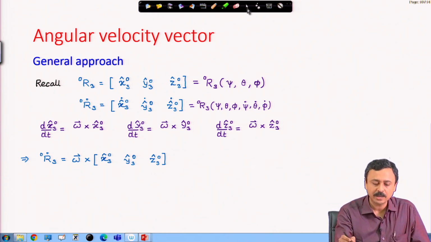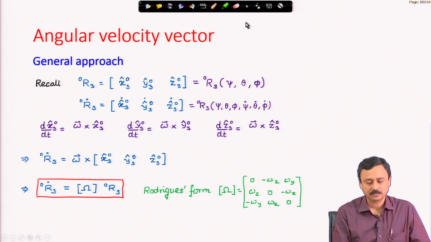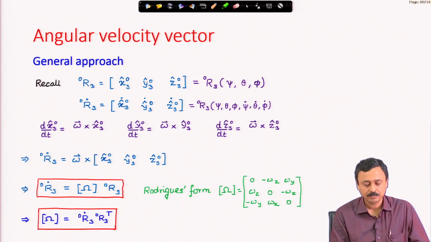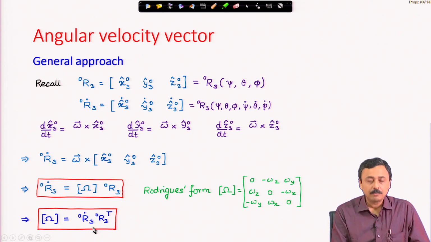and we can write omega cross in terms of the Rodrigues form. I have written it like this, capital omega. We have discussed that the Rodrigues form is a skew symmetric form of this vector, and we write the time derivative of R from 3 to 0 as equal to the Rodrigues form of omega times R from 3 to 0, and then I can find the Rodrigues form of the angular velocity vector as the time derivative of the rotation matrix 3 to 0 multiplied by the transpose of the rotation matrix from 3 to 0.